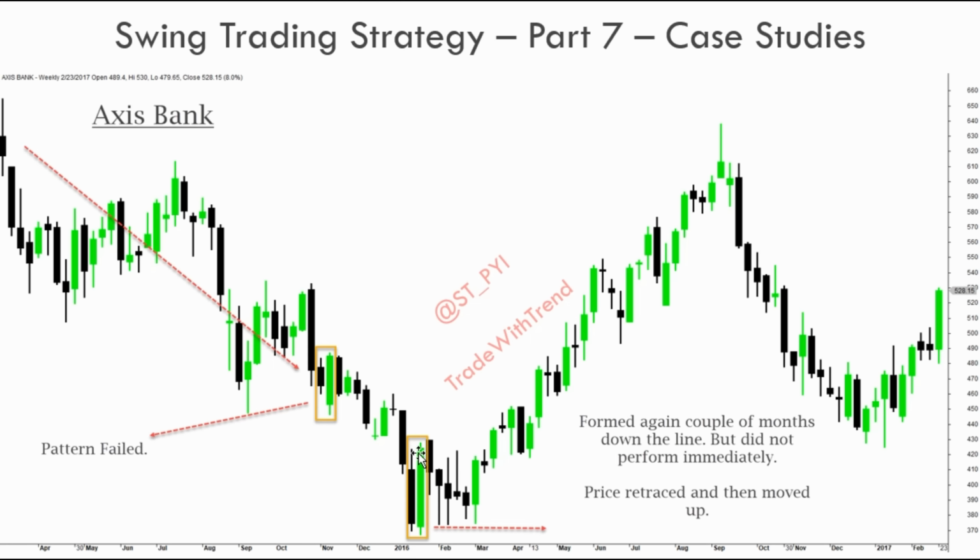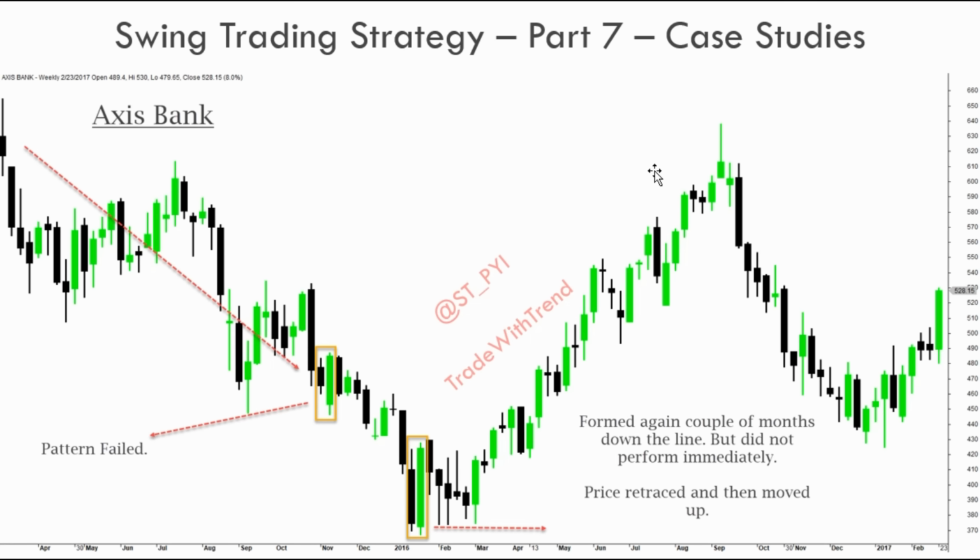If you look at this bullish candle that is formed, this is actually more bullish than the previous two bearish candles, right? So these are just some minor points that you have to take note of while analyzing a trade on your own. While the pattern failed here, a couple of months down the line, this actually gave you a major reversal and then price moved up.